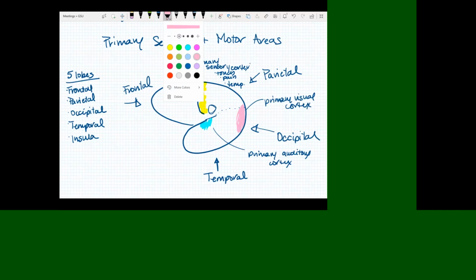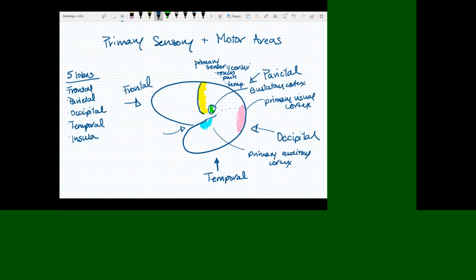This is the cortex related to gustatory information, or taste. So this is our gustatory cortex, or our taste. And then underneath here, hidden from this perspective so you can't see it, is going to be the olfactory cortex, where the sense of smell is processed.